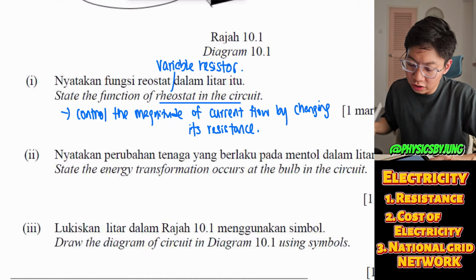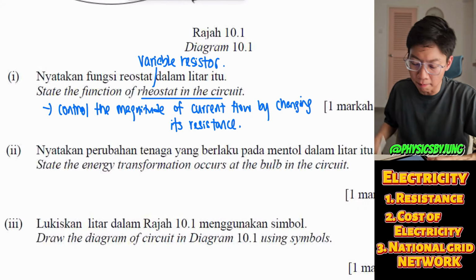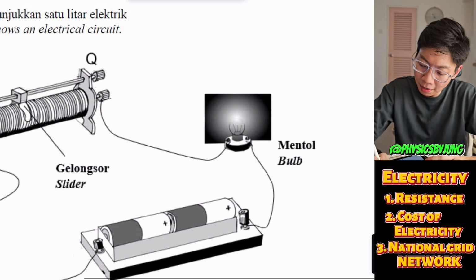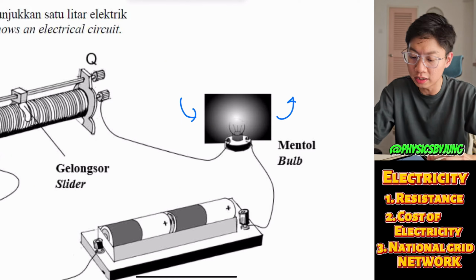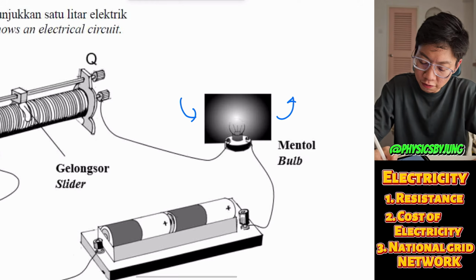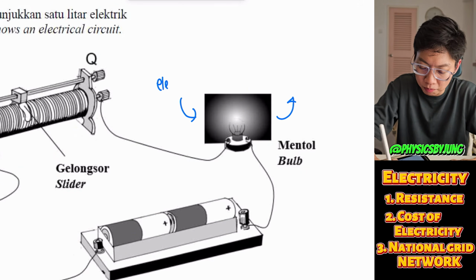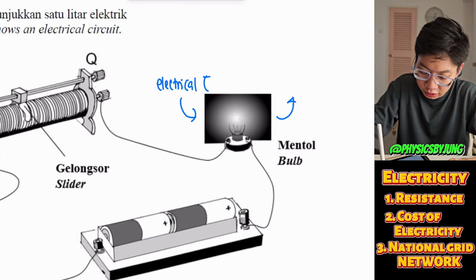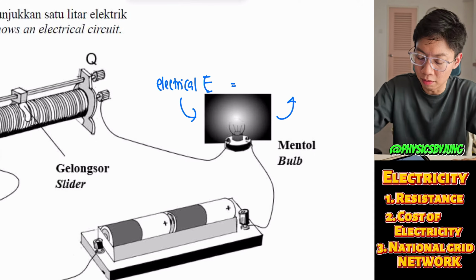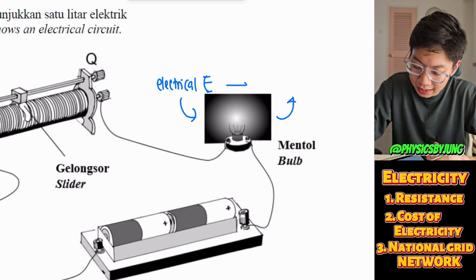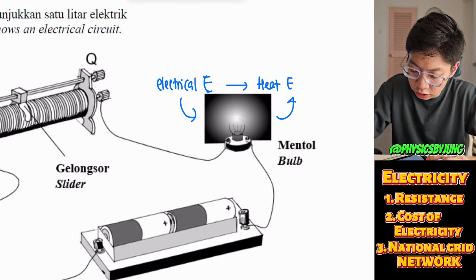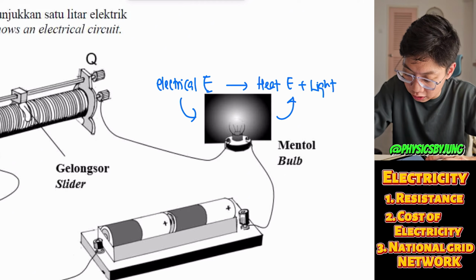Okay, state the energy transformation that occurs at the bulb. So for your bulb, what energy goes in, what energy comes out? Obviously the energy going in is electrical energy. I write electrical E. And then what will come out? You can say that there will be heat energy and light energy.